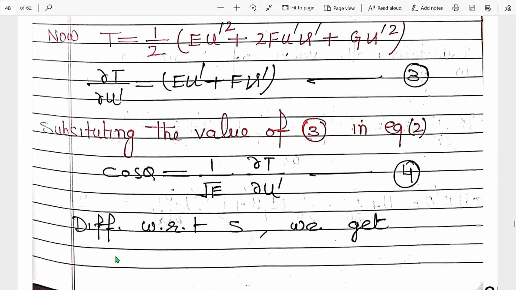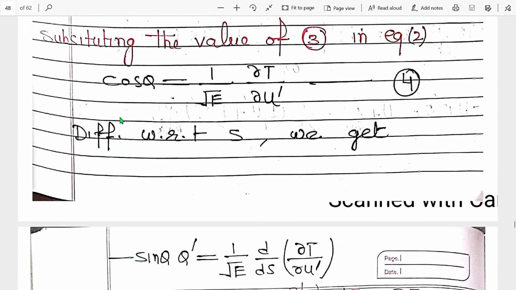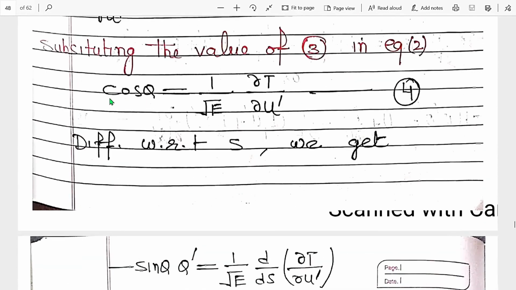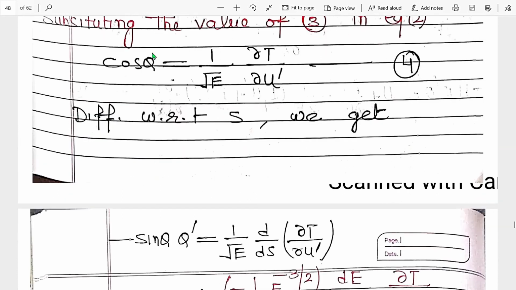Now differentiate this equation with respect to S. When we differentiate, this will become minus sine theta, then the derivative of theta with respect to S, so theta dash, right? Now it is a product formula, so we differentiate using the product formula.